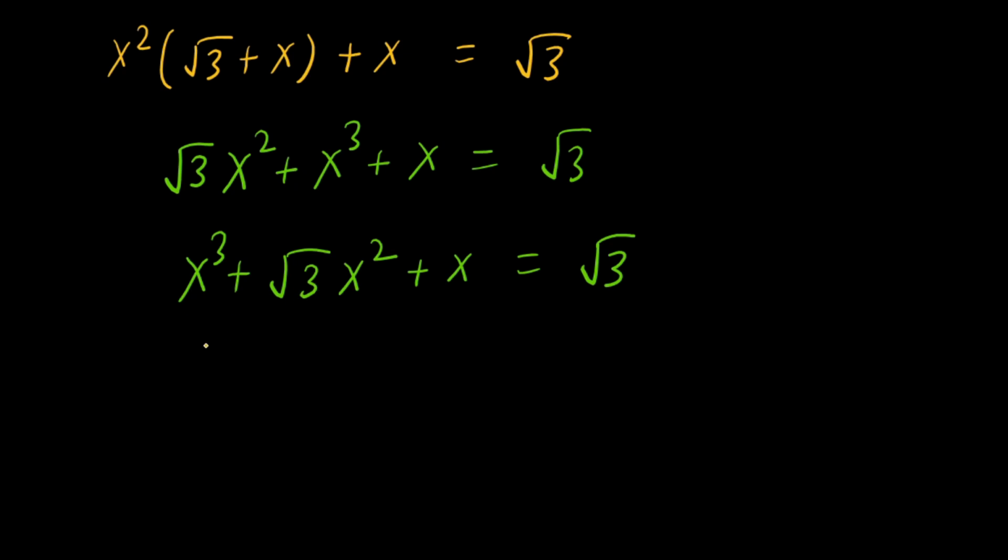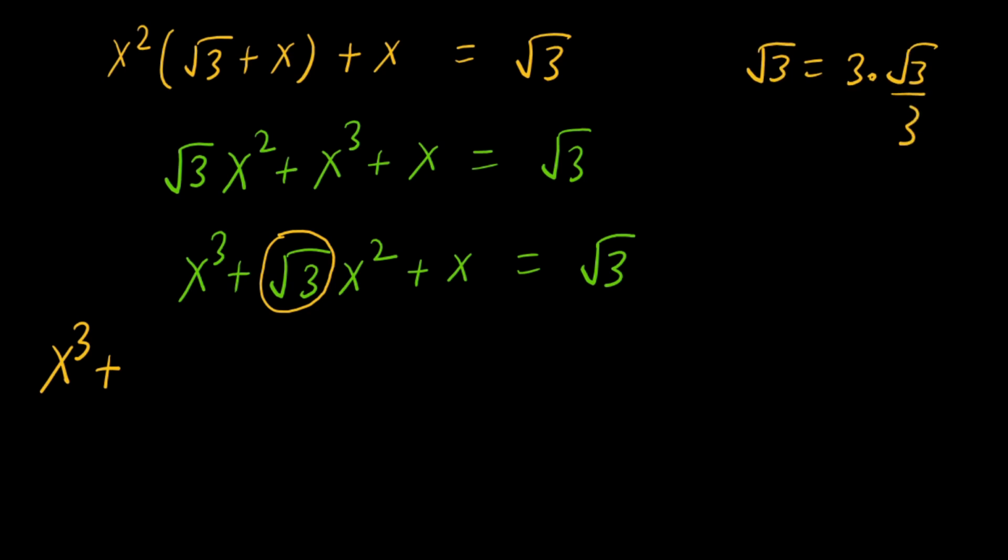Look carefully. On the left hand side x cube plus this square root of 3 is the same as square root of 3 equals 3 times square root of 3 over 3.